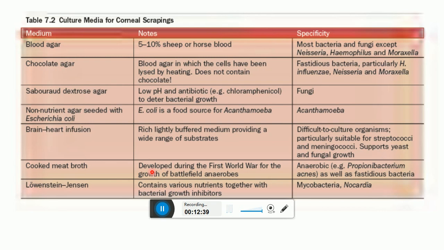Cooked meat broth was developed during the First World War for growth of battlefield anaerobes. Lowenstein-Jensen medium is specific for mycobacteria and Nocardia. Lowenstein-Jensen contains various nutrients together with bacterial growth inhibitors.